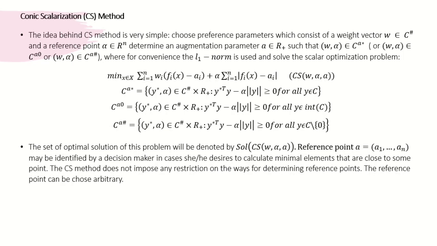The last method which I want to mention is the conic scalarization method. The idea behind it is very simple: we want to choose a preference parameter which consists of a weight and a reference point, and determine an augmentation parameter such that this value is in this space.